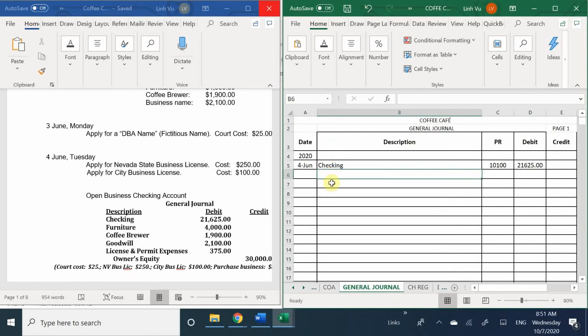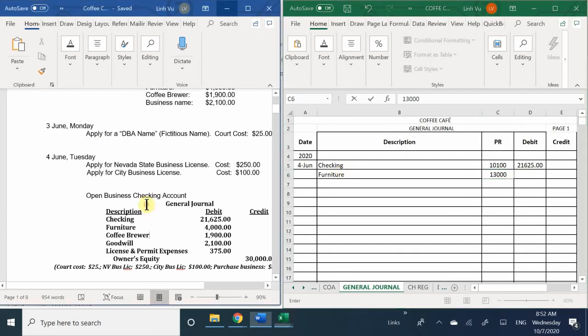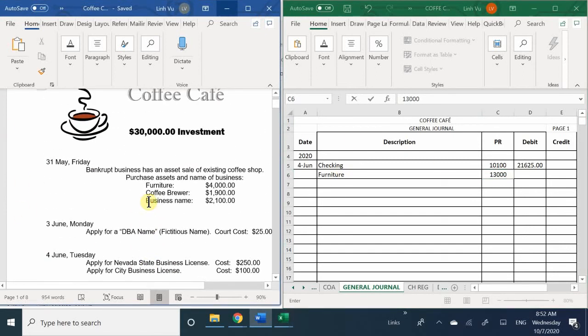So furniture was 13,000. So again, when we looked up from above from our very first transaction, we know that we received a total of $4,000 worth of furniture.